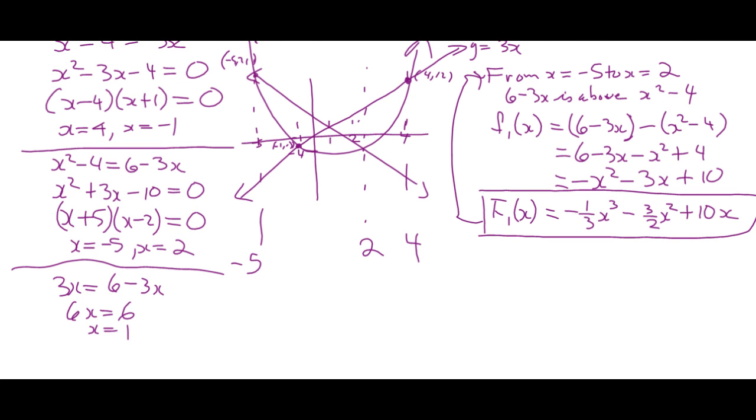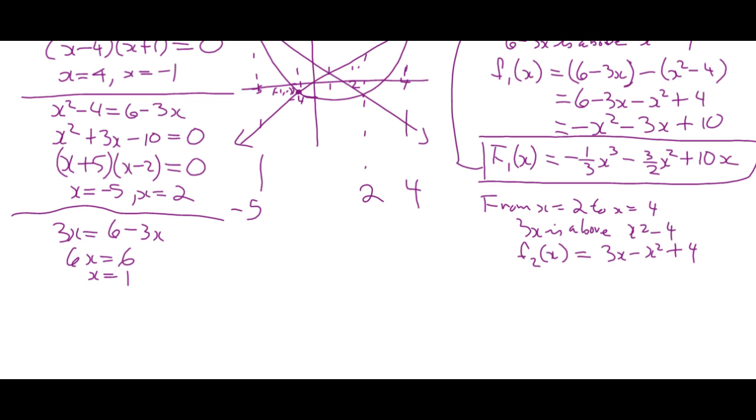And then if we go from 2 to 4, so from x equals 2 to x equals 4, 3x is above x squared minus 4. So f2 of x is going to be 3x minus x squared plus 4, or negative x squared plus 3x plus 4.